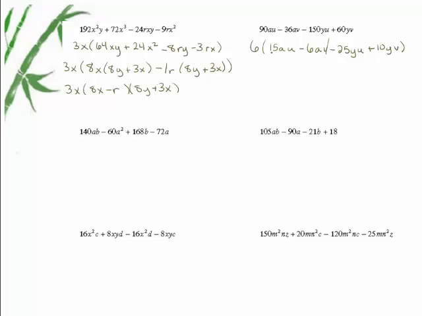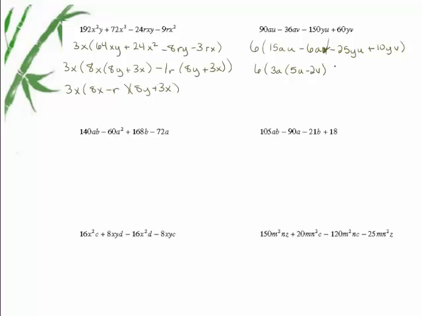From 15au and 6av, I can pull out a 3a. Hold on one second, let me fix that. I wrote out over my v, and so then I thought it was a u. So I can pull out a 3a, which leaves me with 5u minus 2v.